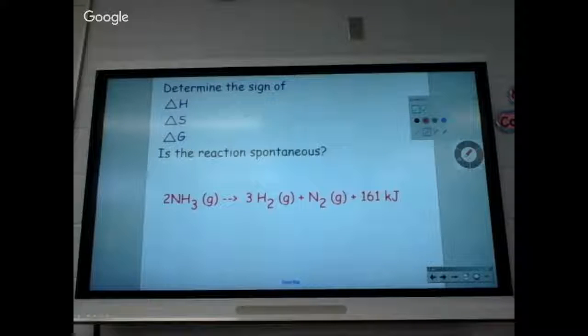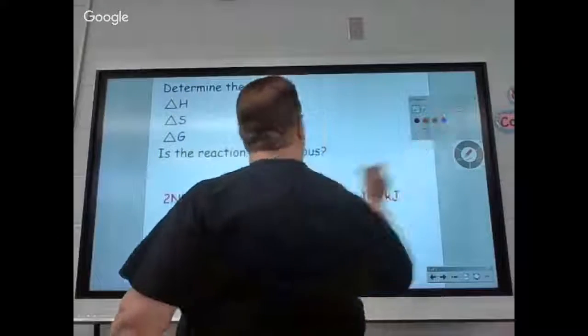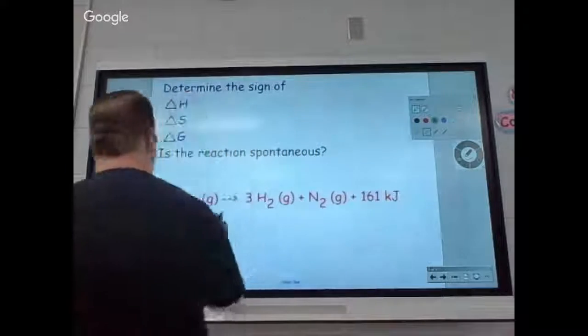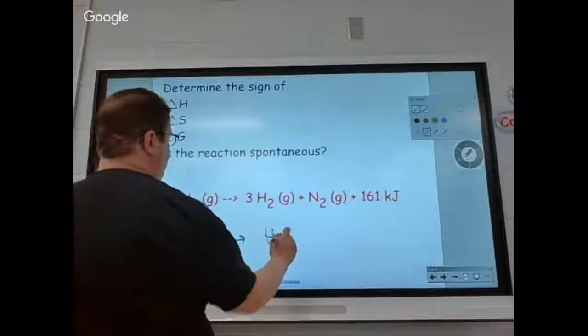How many are on the right side? 4. So we're going from 2 moles to 4 moles.